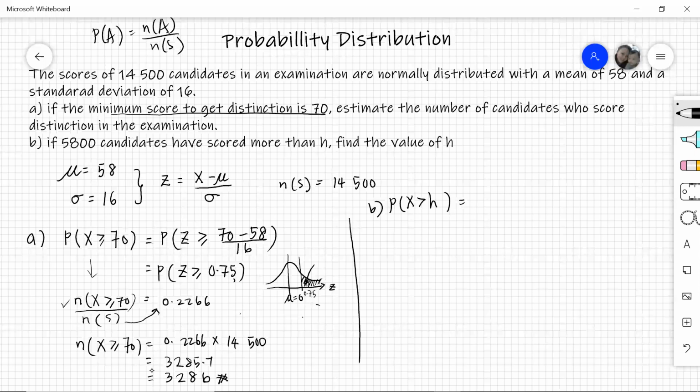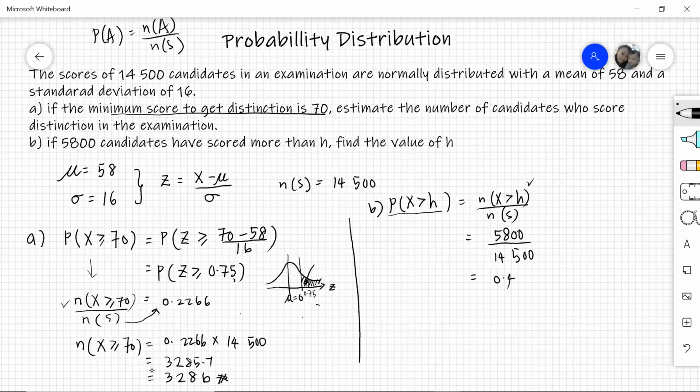Since we have the number of candidates who score more than H, which is 5,800, just put it in, and the total, which is 14,500. Using the calculator, we have 0.4. Double check, 5,800 divided by 14,500, we have 0.4. At the same time, we also change this to our Z-score.